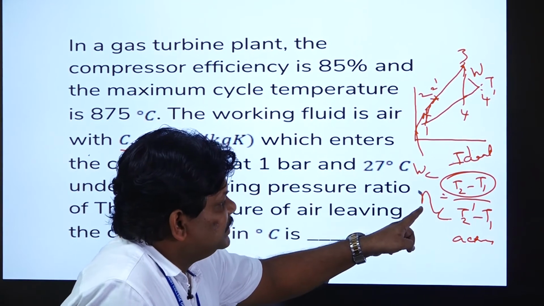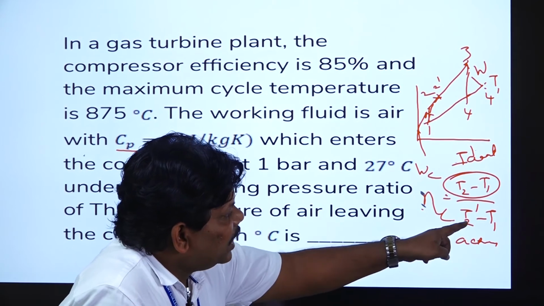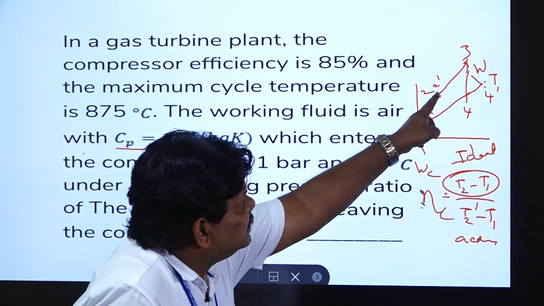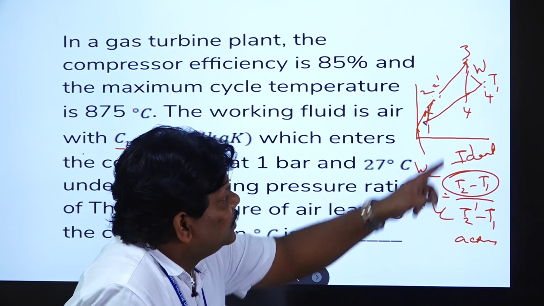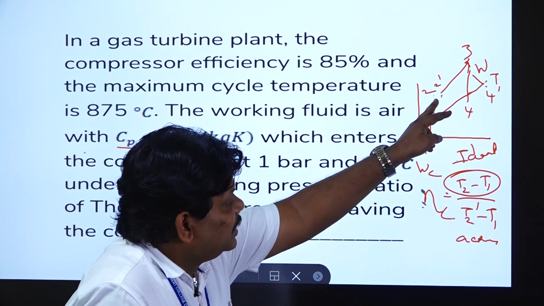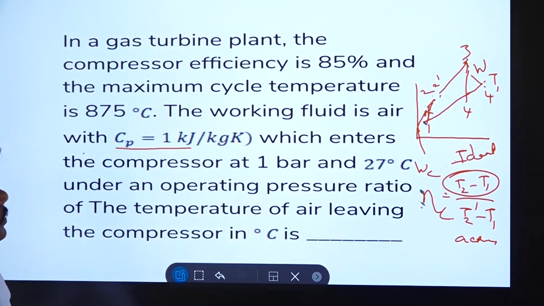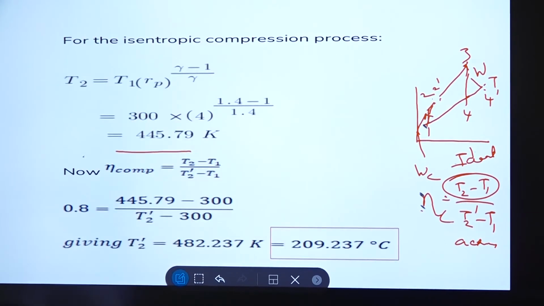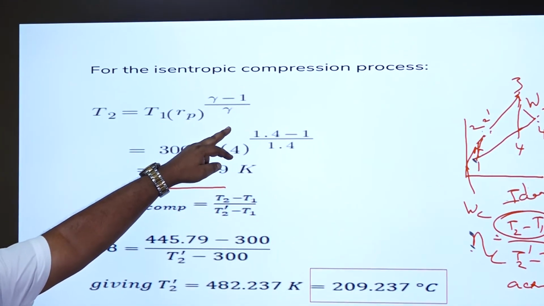If you know the efficiency of the compressor, you can find the value of T2 dash, the actual temperature coming out of the compressor, then T2, T1. So you have to know what data are given to you. Looking at the data, T2 is equal to T1 into Rp whole power (gamma minus 1) by gamma.